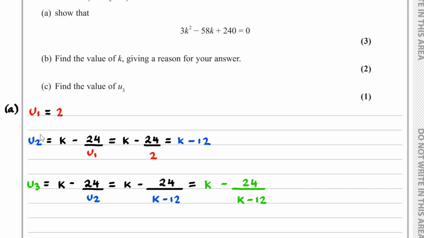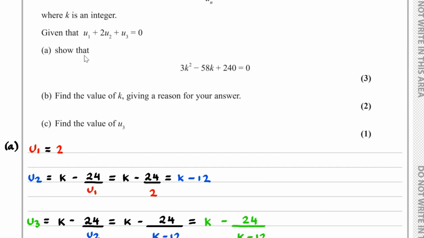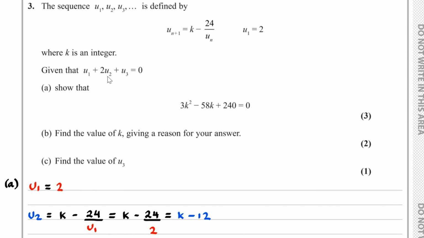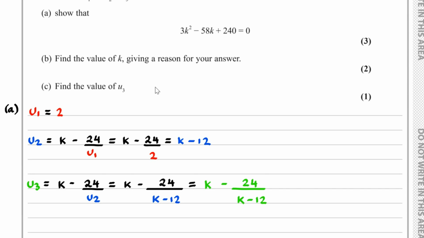We now know what U1 is, we know what U2 is, we know what U3 is. And we are given that U1 plus 2 lots of U2 plus U3 equals 0.